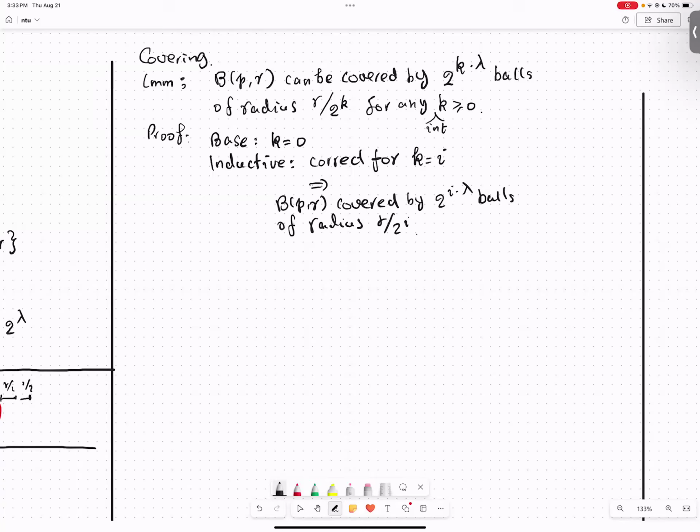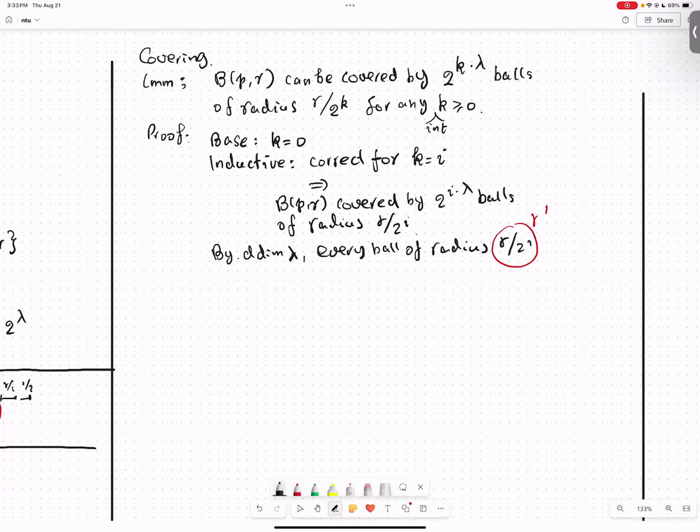Now every ball, by doubling dimension, and the doubling dimension is lambda, we know that. So every ball, that's a set, so every ball of radius r over 2 to the i, think about it as r prime.